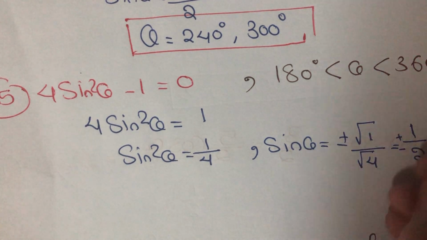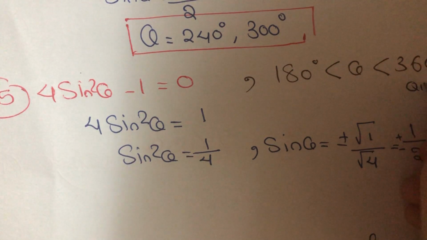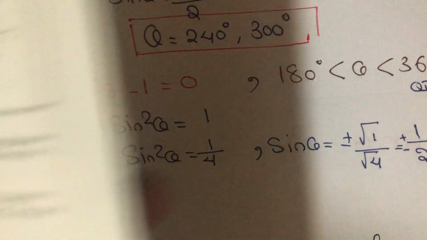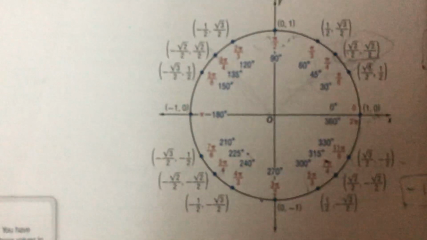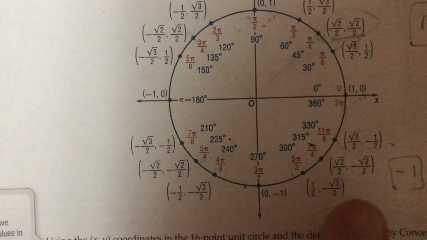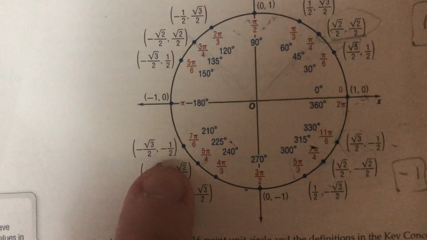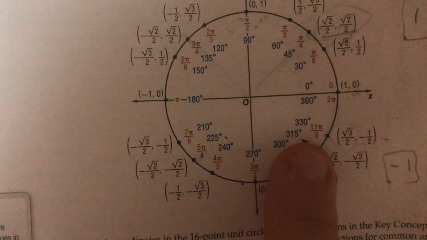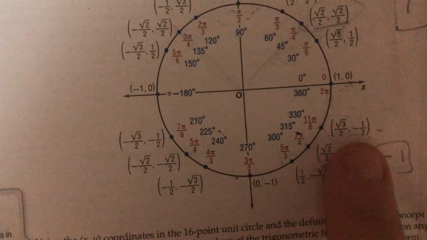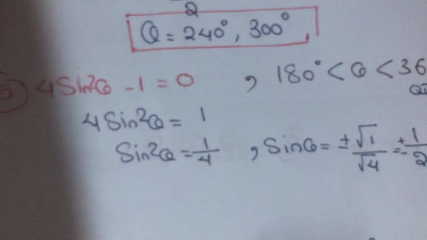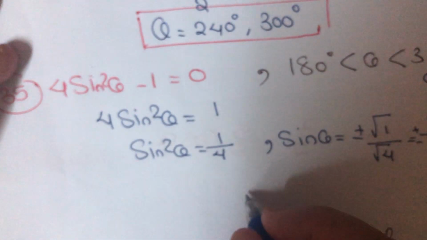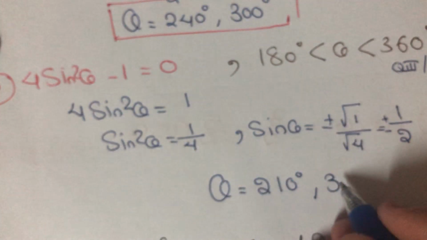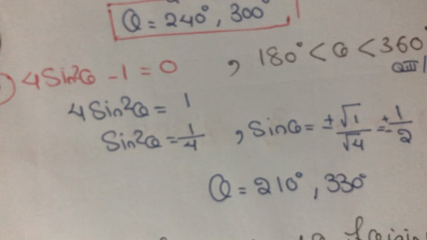From 180 to 360, that is also quadrant 3 and quadrant 4, and the answer has to be in degrees. Any sine that's a half in quadrant 3 and quadrant 4 is going to be with us. So over here, 210 and 330. That's a negative half and that's a negative half, nothing else. So the answer over here, theta is going to equal 210 or 330 degrees.